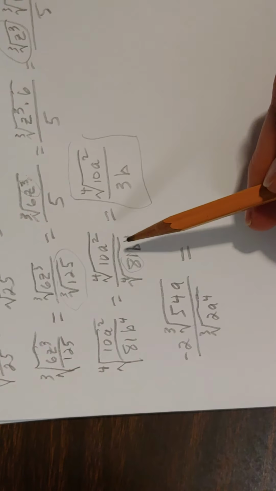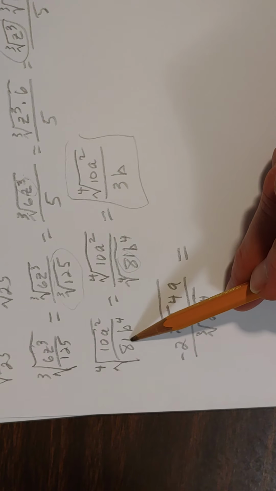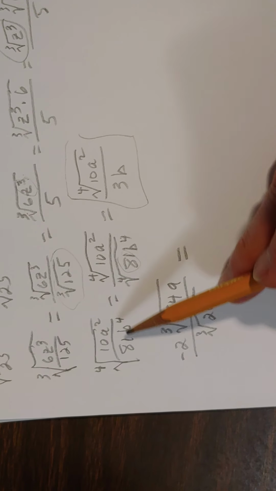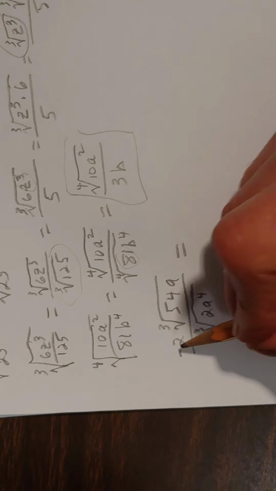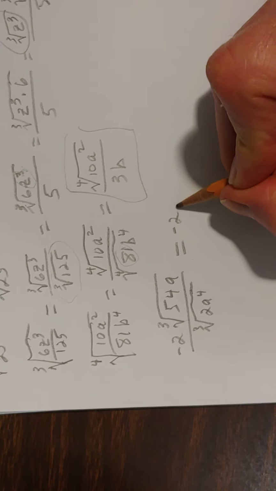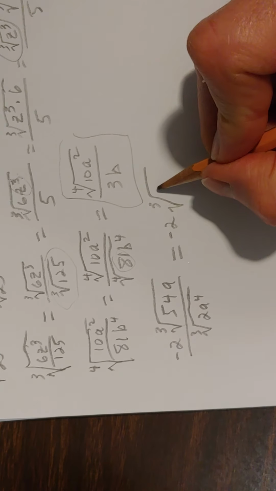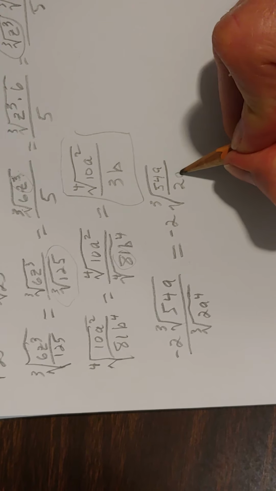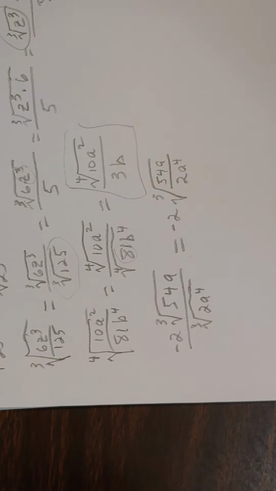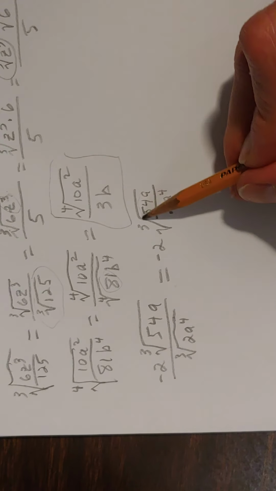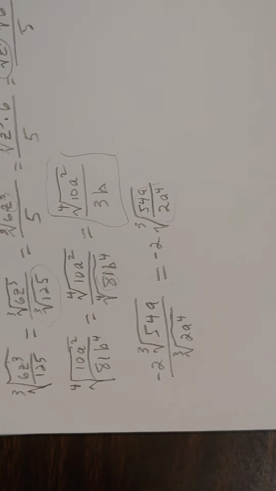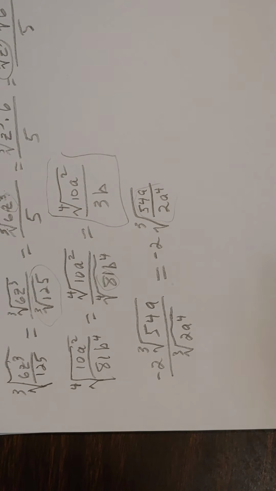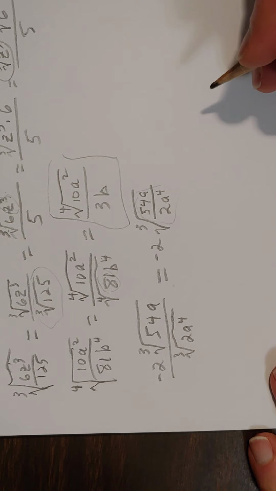I could change this step right here back into this one if I wanted, but it doesn't help me because this doesn't simplify at all. But if I wrote this one as -2 times the cube root of 54a over 2a to the 4th, which I'm allowed to do using the quotient property, I can simplify this, and it may make the problem a lot easier for me. So let's write it like that, because it'll help a lot in this problem.